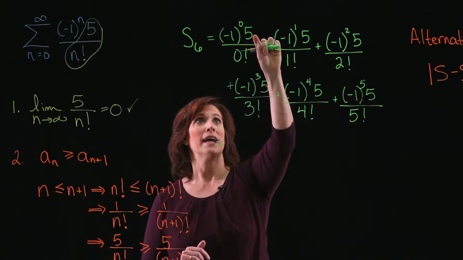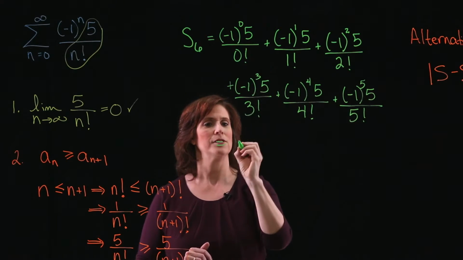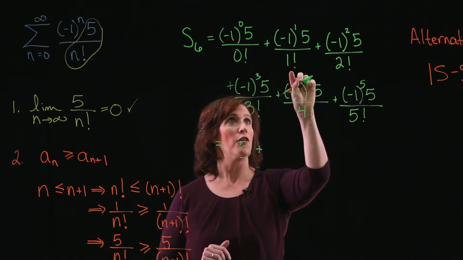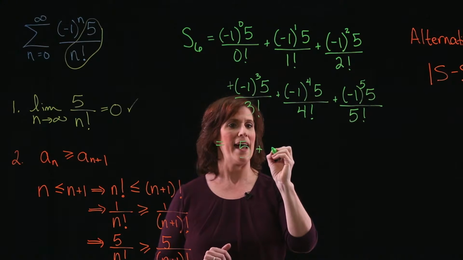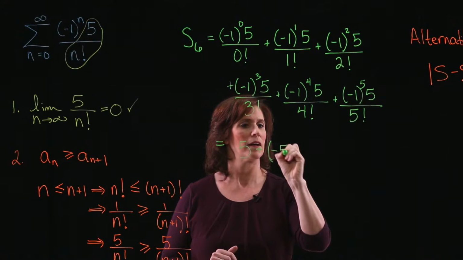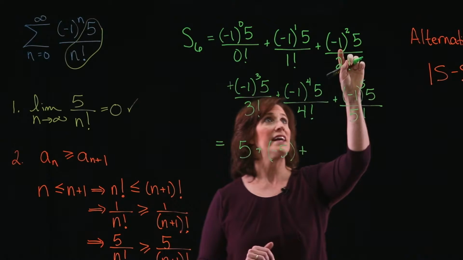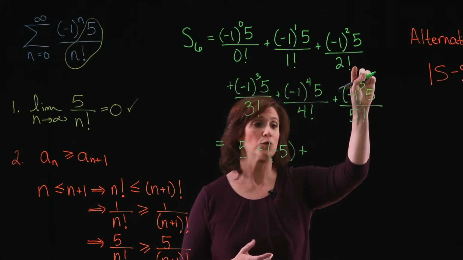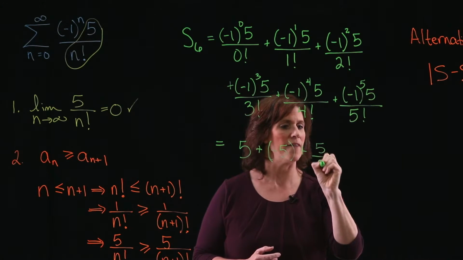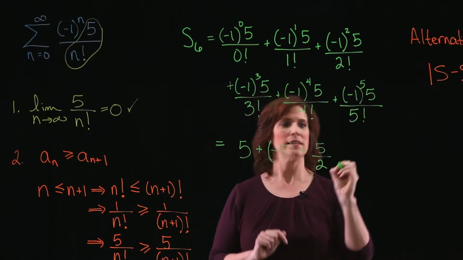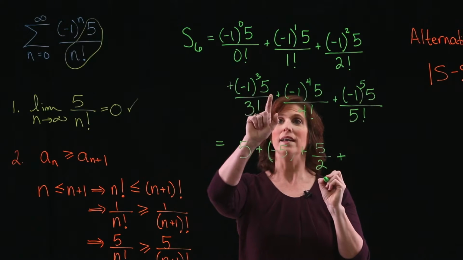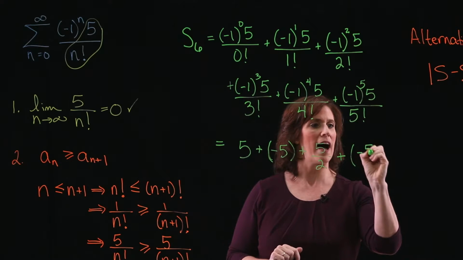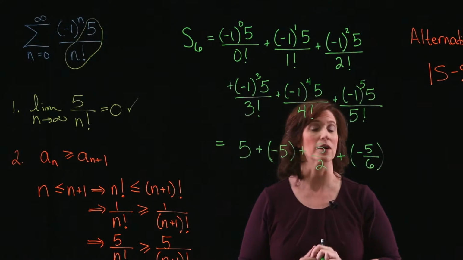Negative 1 to the 0 is 1 times 5. 0 factorial is also 1. So this will be a 5. This will be a minus 1 times 5 all over 1 factorial, so we'll write that as a minus 5. The next term, negative 1 squared, is a positive 1, and we've got 5 over 2 factorial. 2 factorial is 2, so that's going to be plus 5 halves. The next piece is negative 1 times 5 over 3 factorial, so that will be adding a negative 5 sixths, because 3 factorial is 6.